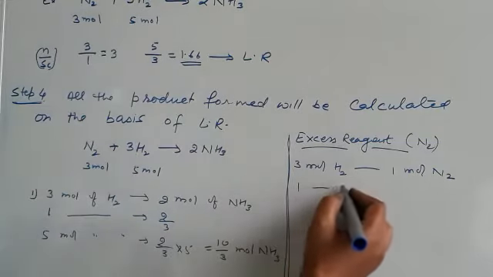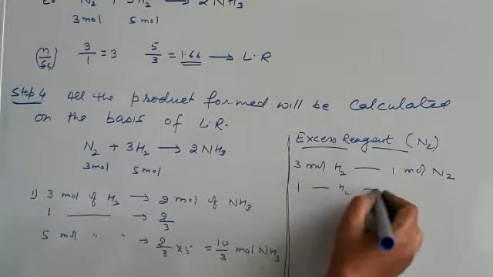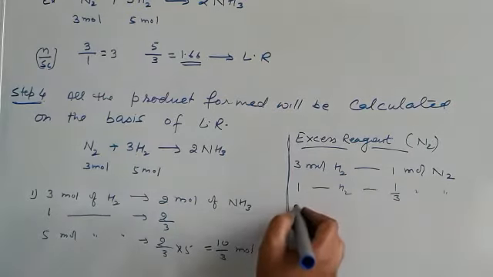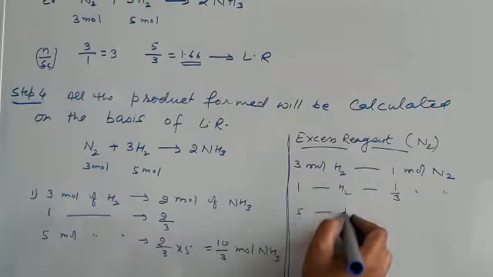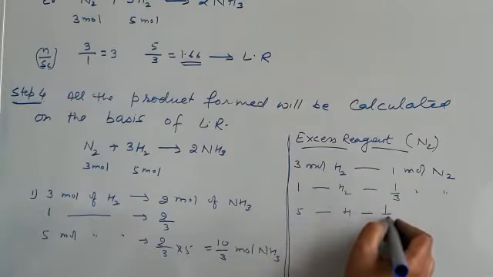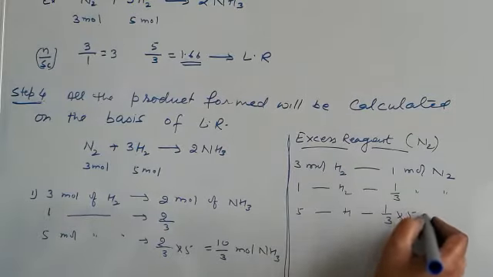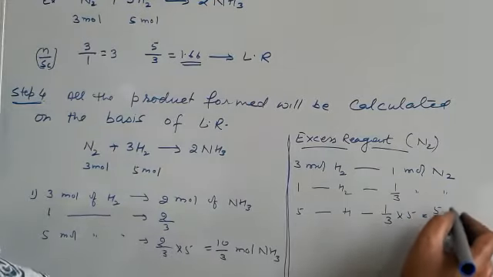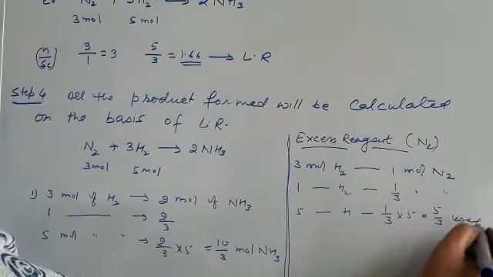So 1 mole of hydrogen reacts with 1 by 3 moles of nitrogen, so 5 moles of hydrogen react with 1 by 3 into 5, or 5 by 3 moles of nitrogen used.